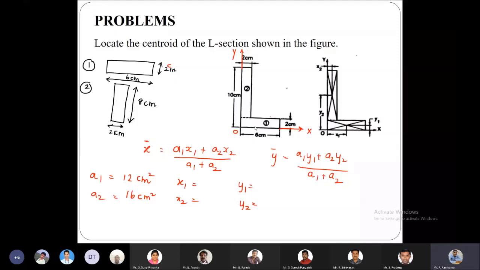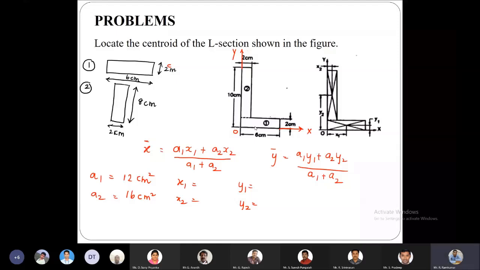You can see that the value of h is such that y1 is 5 centimeters, and for volume we know the term pi r squared into h, so we can get the volume in centimeter cube.